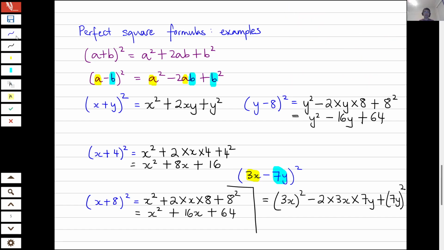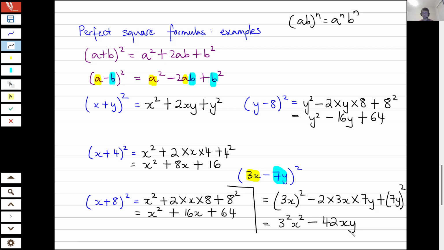And here we have to use index law number 4 again. So this is going to become 3 squared x squared minus 2 times 3 times 7. That gives me 6 times 7, which is 42. X times y gives me xy.